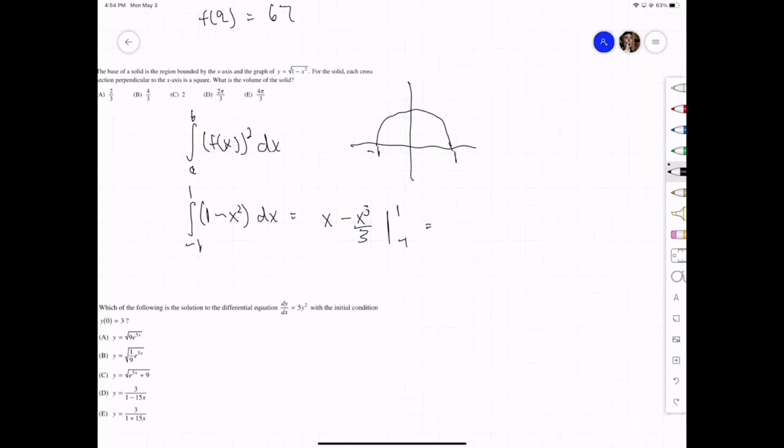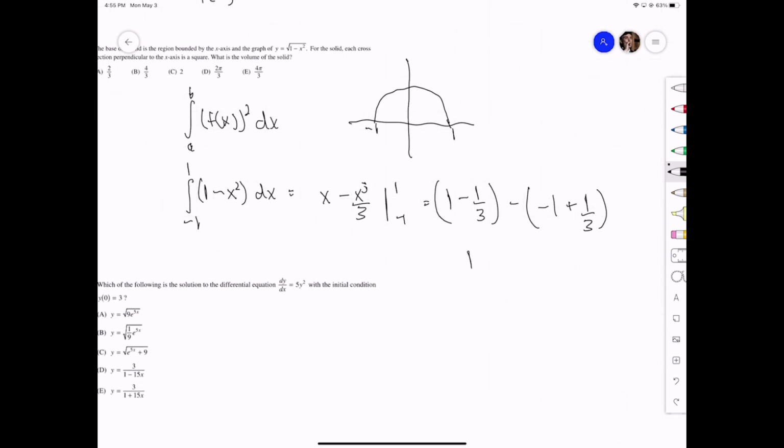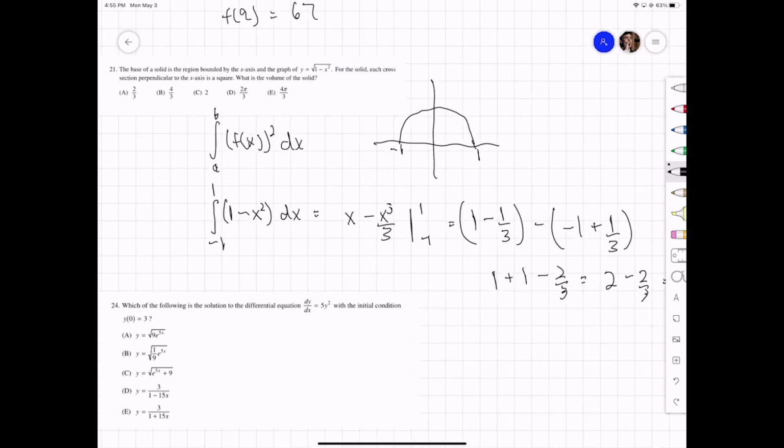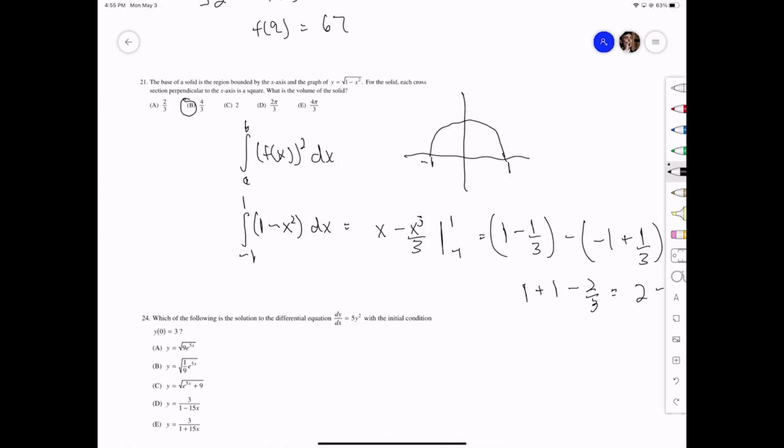So that's 1 minus 1/3 minus -1 plus 1/3. So that's 1 plus 1 minus 2/3, which is 2 minus 2/3, which is 1 and 1/3, which is 4/3. B.